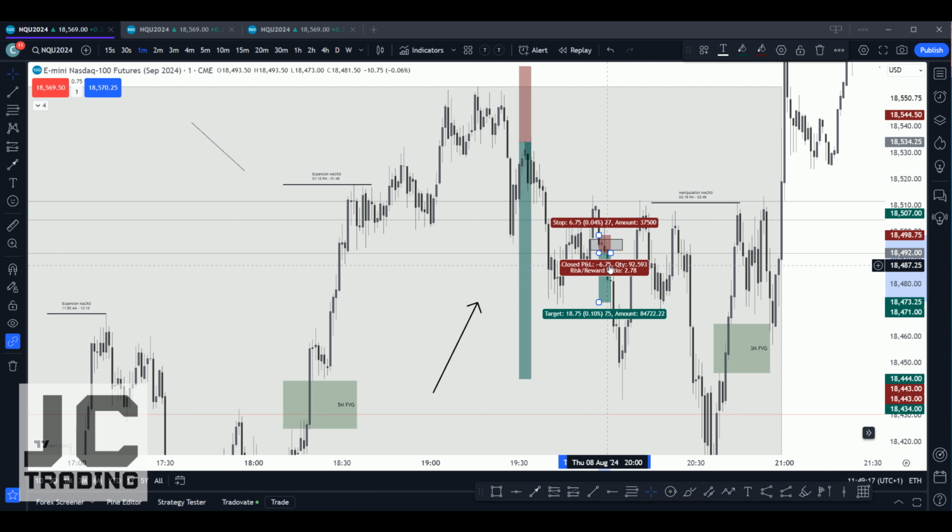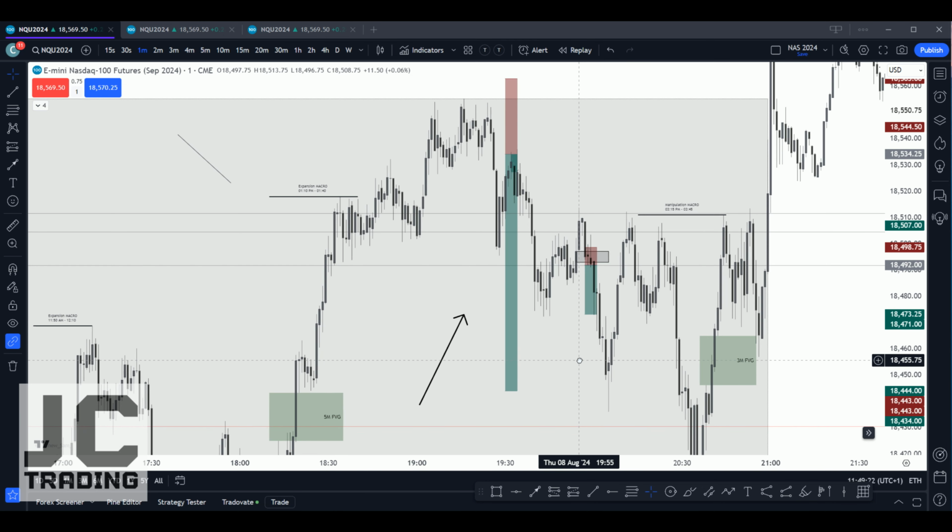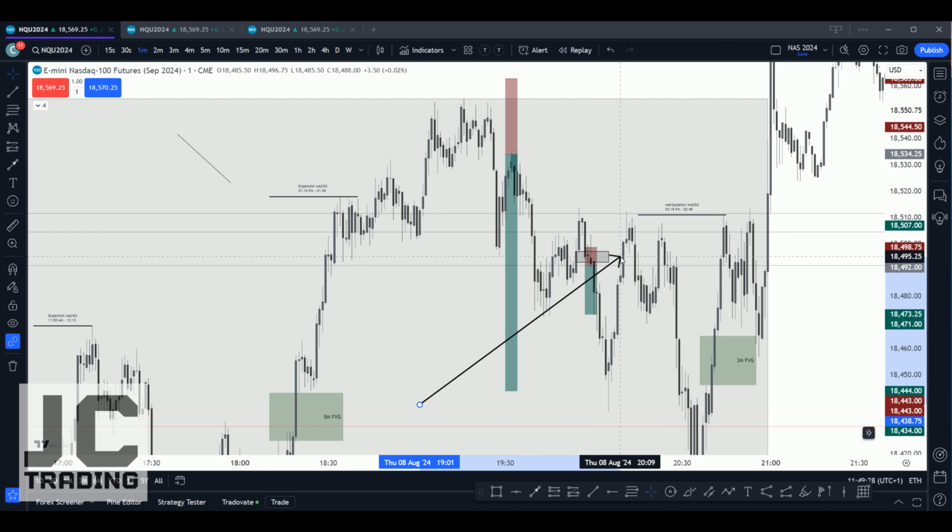If it was a 1 to 1 or less, it wouldn't meet the rules, so we wouldn't take that trade. So that's the inversion strategy. You need to find a liquidity sweep. You need to find an inversion, so a fair value gap that's been inverted, and you need a minimum of a 1 to 1 before you reach your next pool of liquidity.